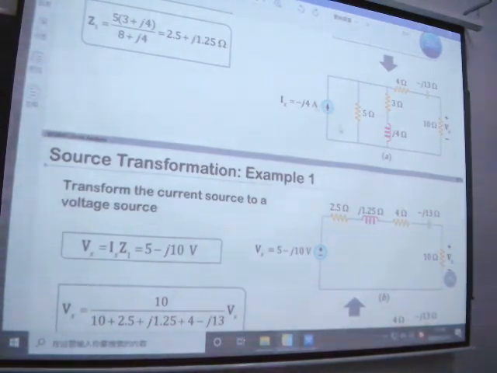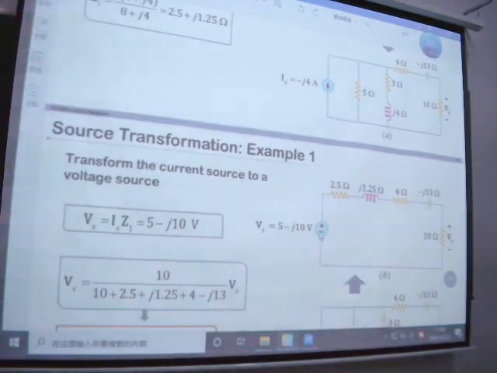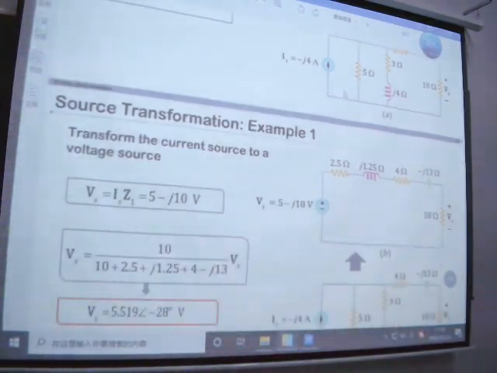And we can transfer it back to the voltage source. If we transfer this one back to a voltage source, we keep the impedance the same, just the connection method changed to series. In series with the voltage source, and the voltage source value should be Is times this one, right?